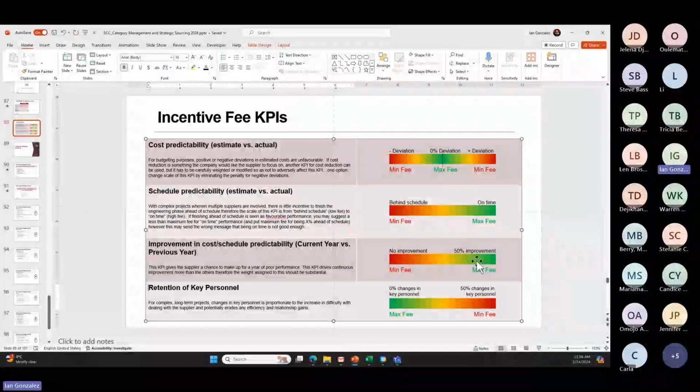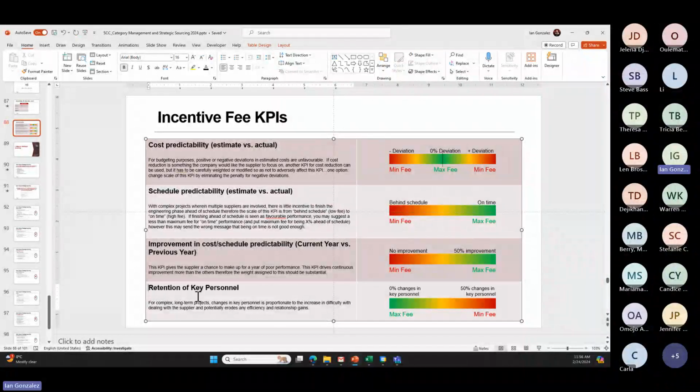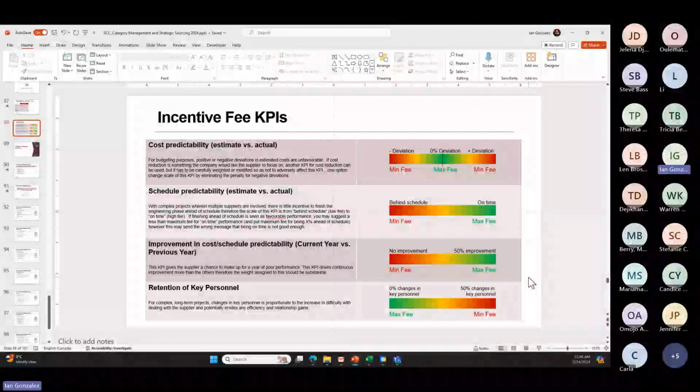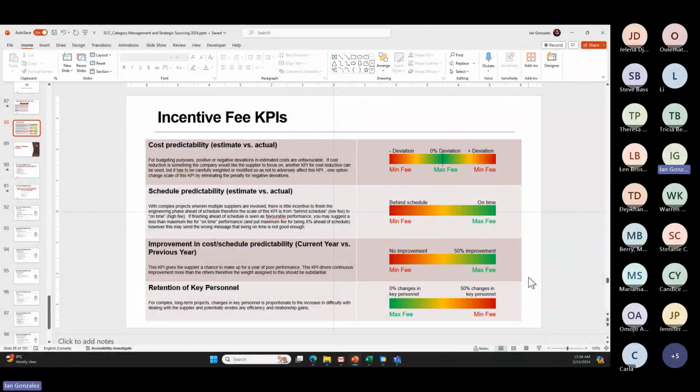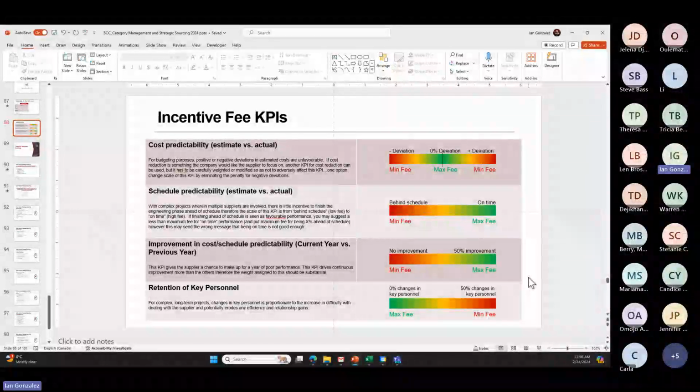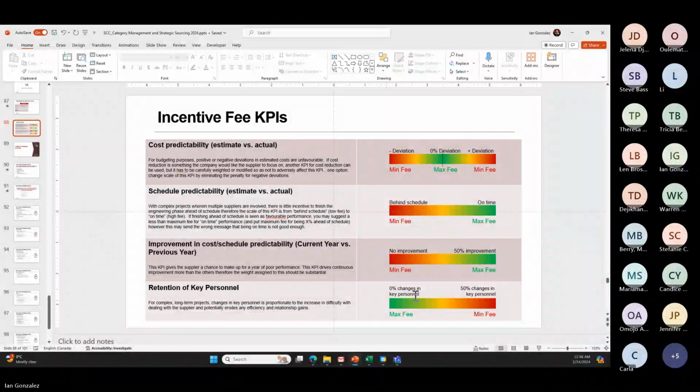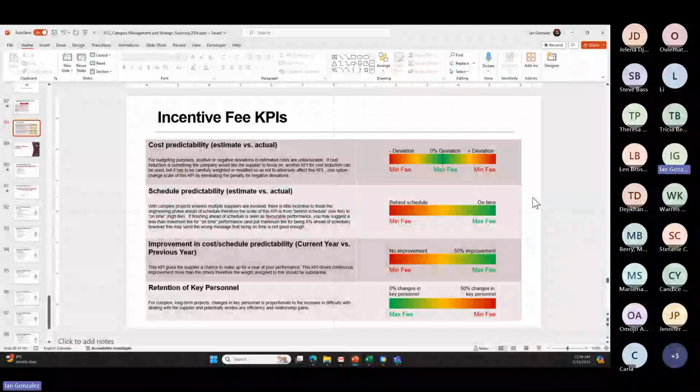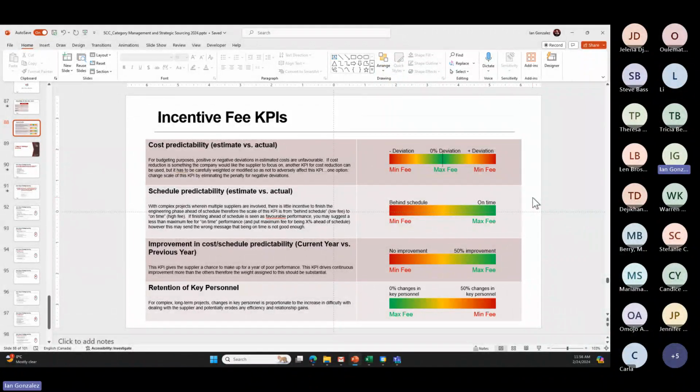They were able to deliver on time, and as much as possible, it wasn't 100%, but because we told them we're looking at the key personnel, they did their best to make sure that the people that started with the project, most of them stayed all the way to the end. Others left because of attrition, but yeah. So I know this works. I mean, from personal experience, I've operationalized this, and it was nice. The relationship was good, and we were incentivizing the right behaviors.